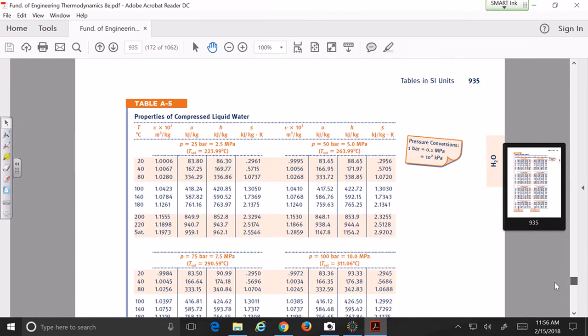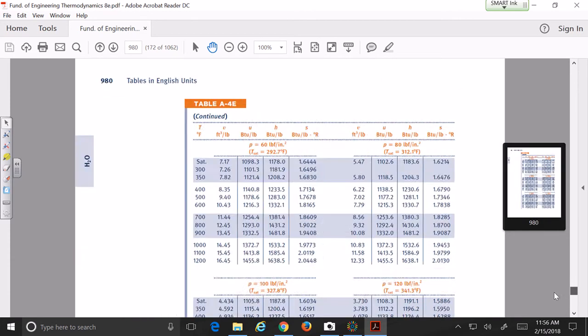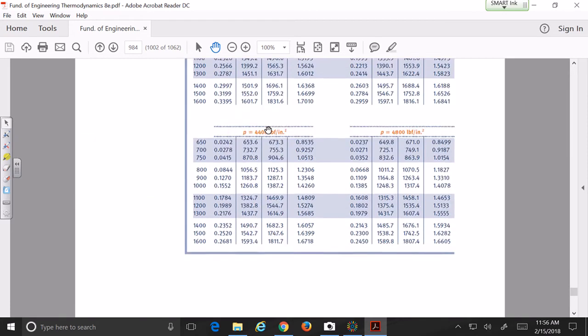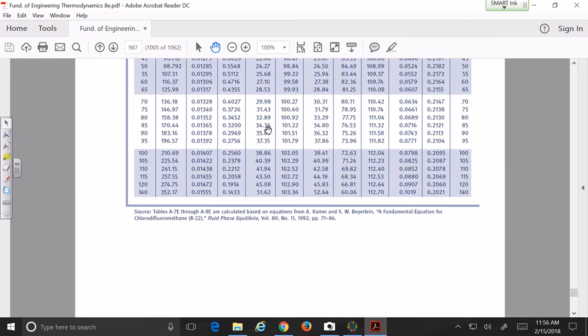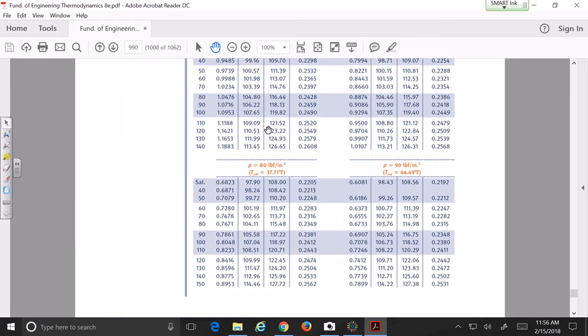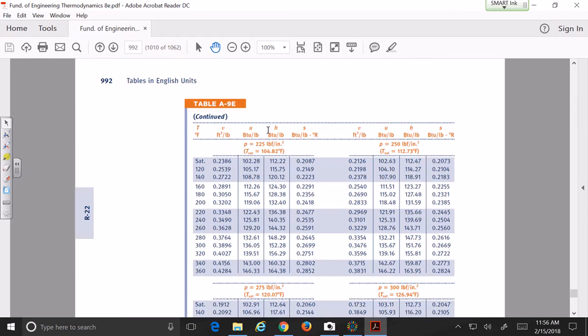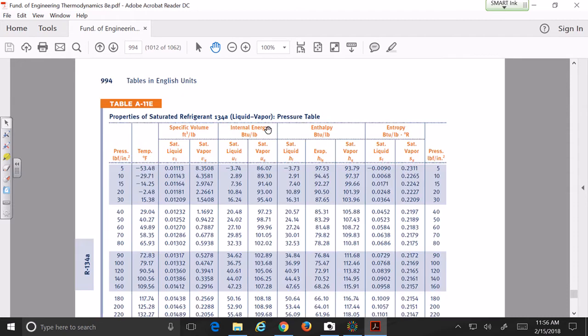So I go over here, I'm gonna have to maximize this. So this is SI units. It's probably not gonna come up exactly as 944 like the PDF. Yeah, they're a little bit off. Would you know the number of the table? 11. Okay. So the refrigerant 134A here. That's the English unit, so I need to switch.